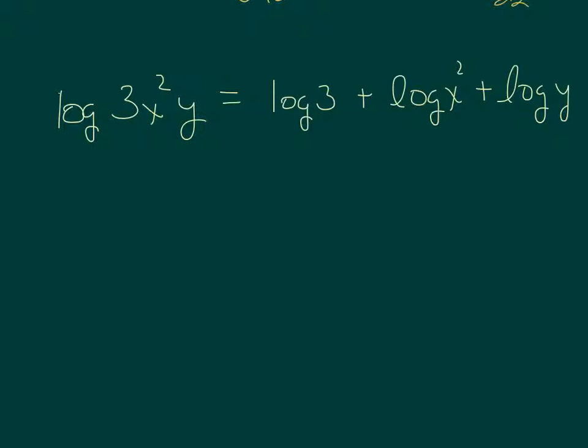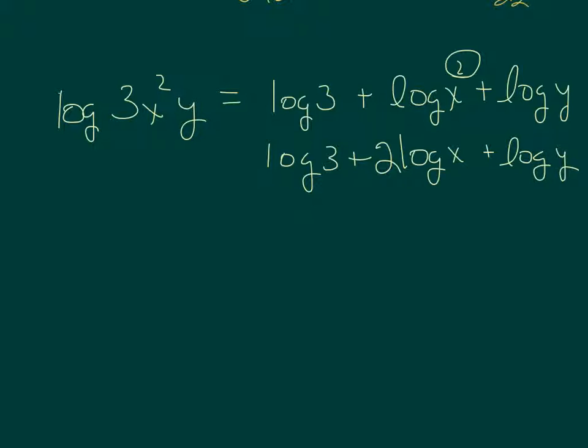Now the other thing is I'm not finished. I can do one more step because we've got this 2. So that part becomes twice the log of x. So the log of 3 plus twice the log of x plus the log of y. Now it's fully expanded.